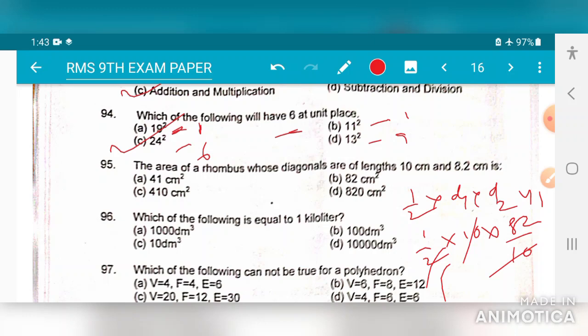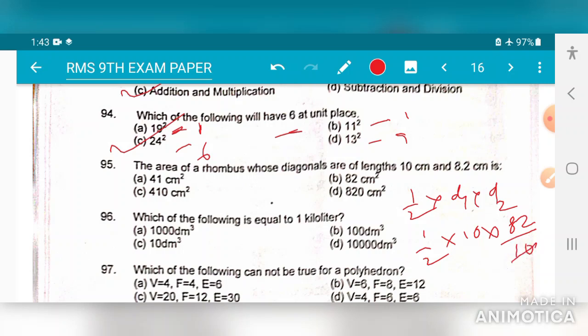One minute. Half of d1 into d2. d2 means 8.2 centimeter, 82 by 10.